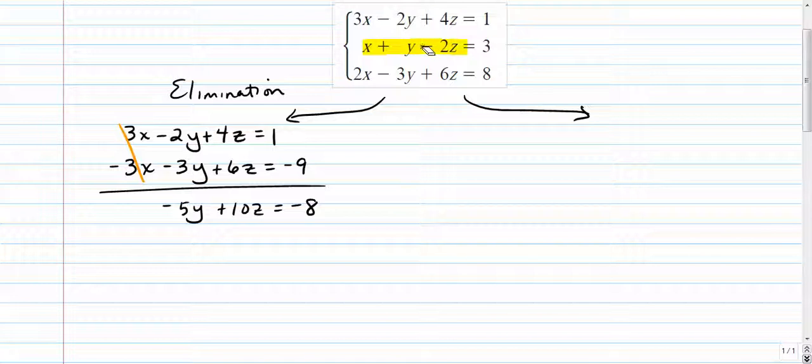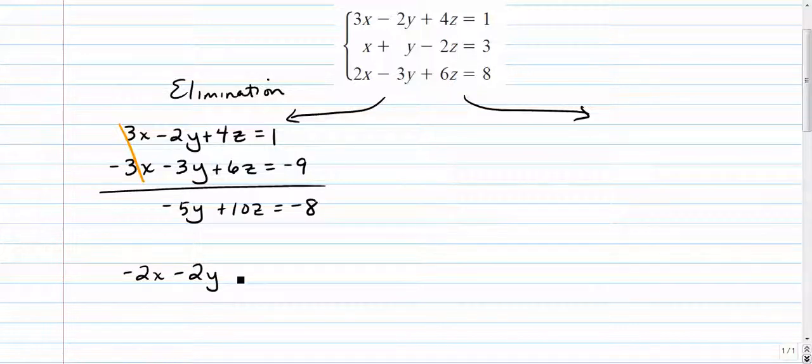Next up, since we started with that elimination of the x's, we're going to want to do that again. So let's work with the bottom two now. I'm going to multiply the middle one by negative 2 this time. Negative 2 times x minus 2y plus 4z equals negative 6.